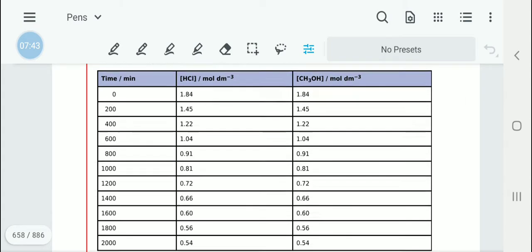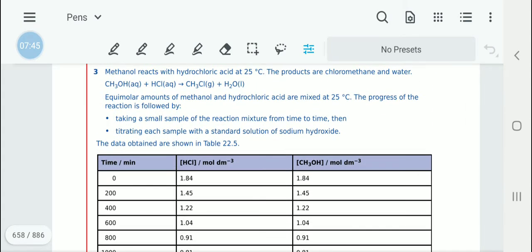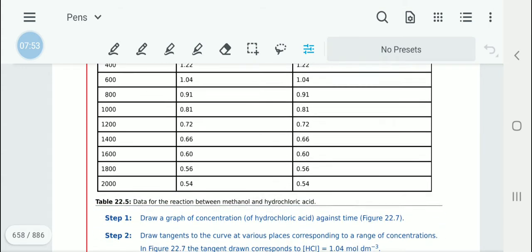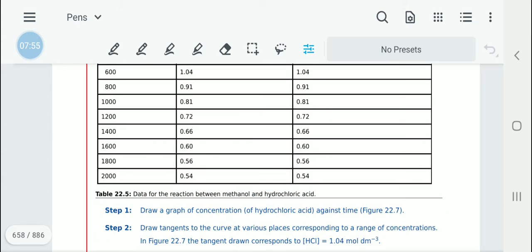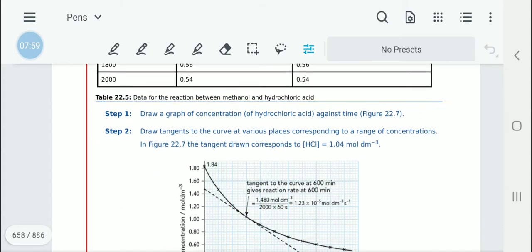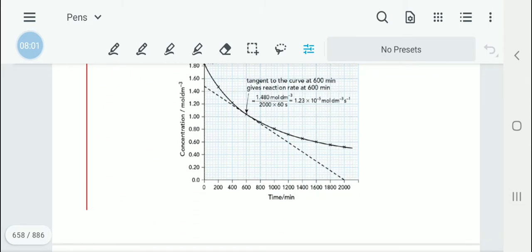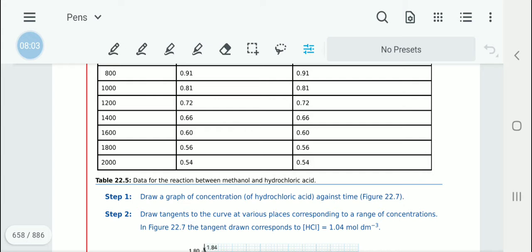I believe this should be in seconds, but they have given it in minutes. I'm pretty sure the reaction is considered in seconds, but no, they have taken it in minutes.